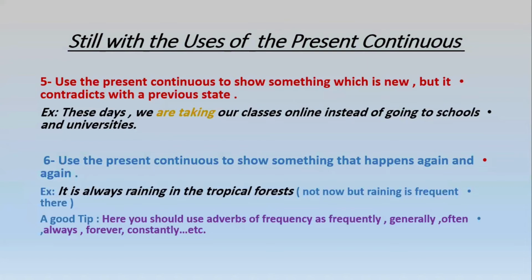We can use the present continuous to show something that is new. I can say it is temporary, that is new, but it contradicts a previous state. And I mean by contradicts, it is opposite: one state opposite to one before, one action different from one before, one that contrasts another one.